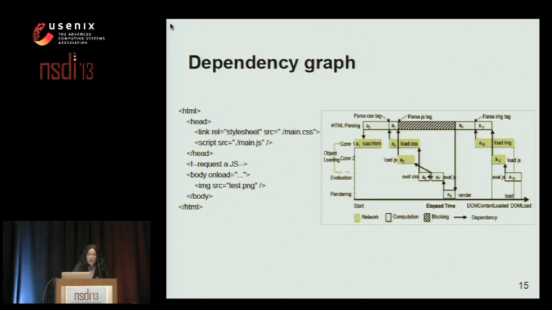The boxes here represent activities, which include loading an object, parsing an HTML, or evaluating a JavaScript or CSS. The arrows here represent dependencies. We can see that for a simple page like this, it results in a complex dependency graph.